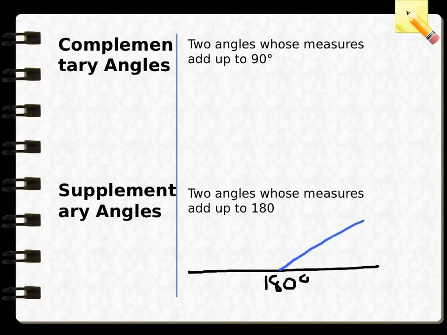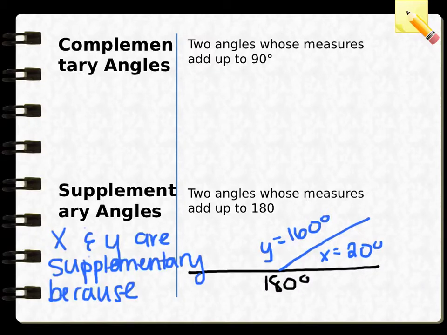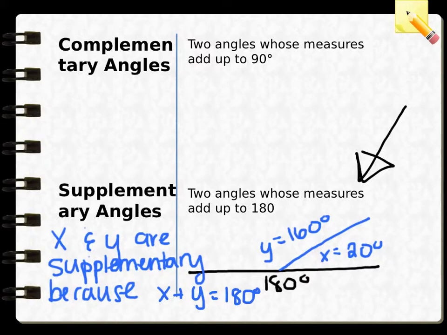And if I cut it right here and get 2 angles, let's label them X and Y. Let's say X is 20 degrees and Y is 160 degrees. X and Y are supplementary because X plus Y is equal to 180 degrees. Pause the video, write this definition down, and hit play when you're done.